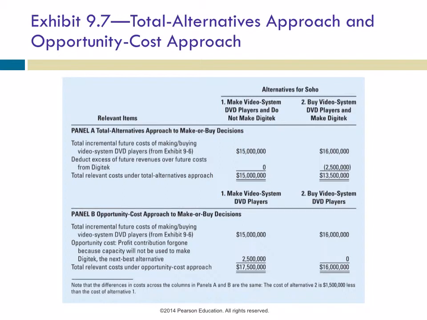either way, when you're comparing option 1 to option 2, option 1 has 1,500,000 more in costs than option 2. The only difference is, do you look at the 2,500,000 under the current system as an opportunity cost, or do you look at the 2,500,000 under the optional other system as a source of additional revenue that's kind of offsetting the costs over on that side?